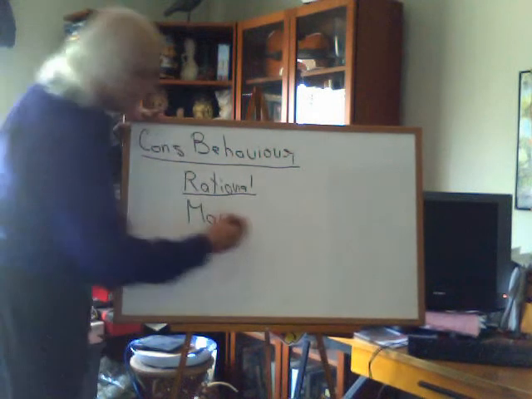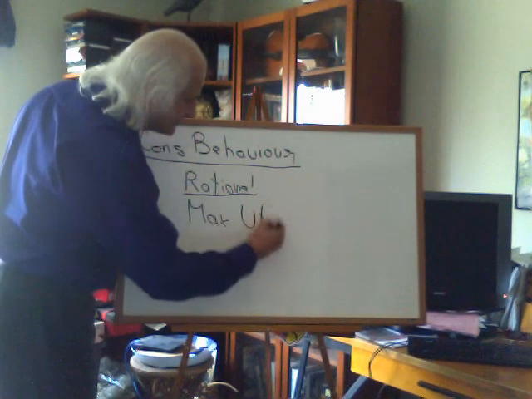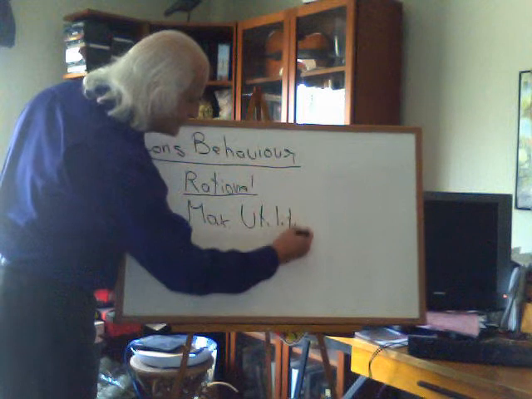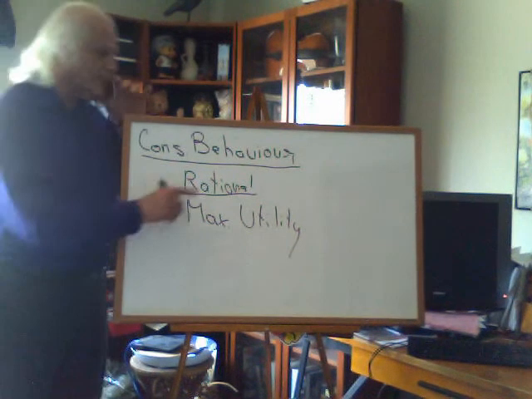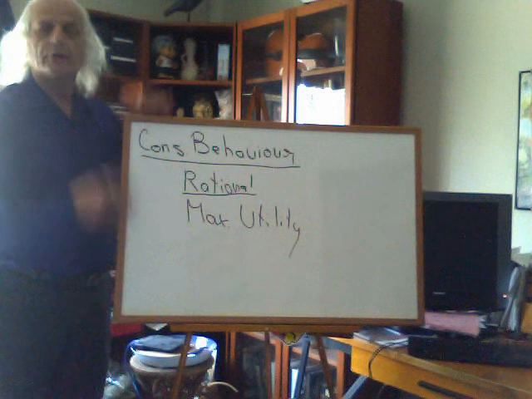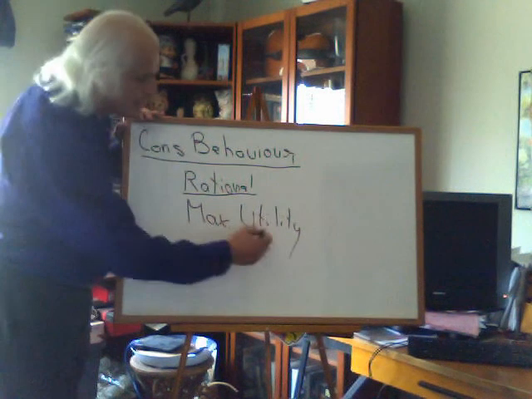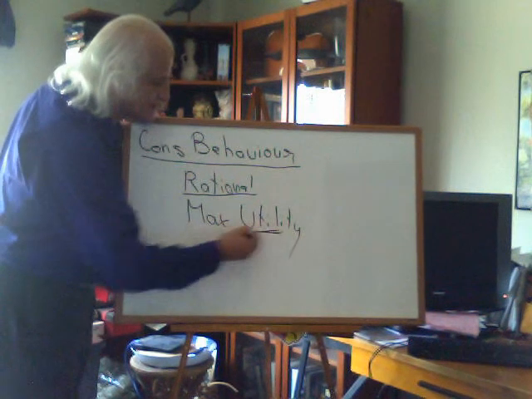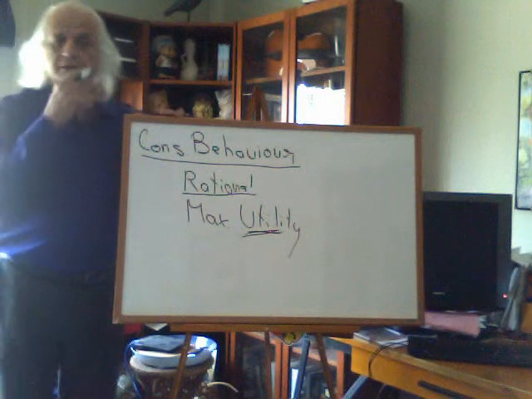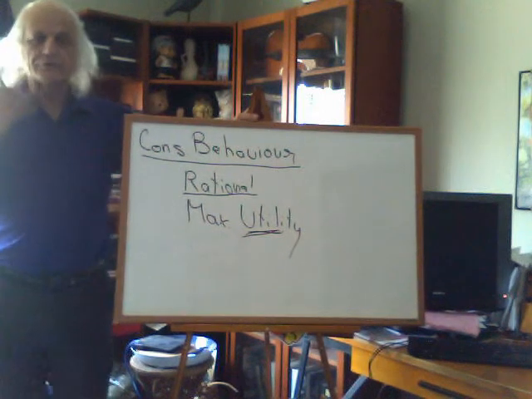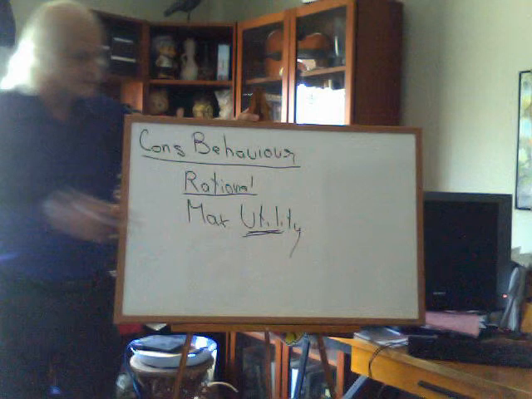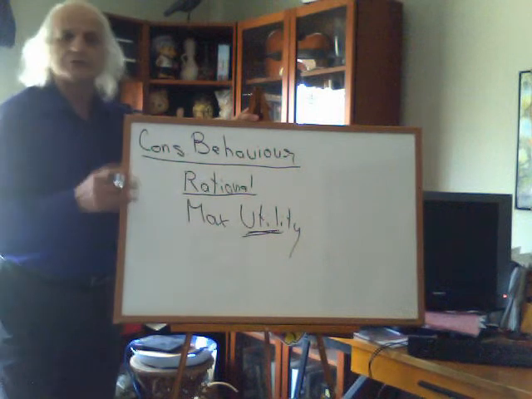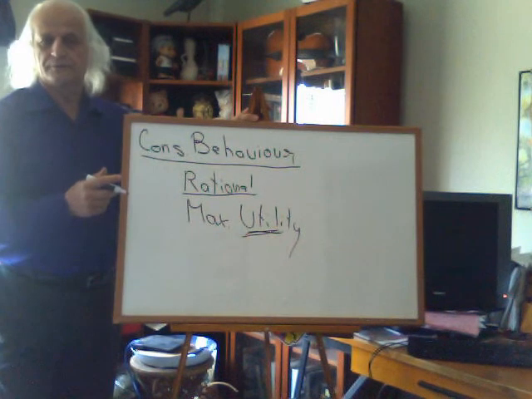So what is it that we maximize as consumers? We maximize our utility. Furthermore, how do we measure our utility, our satisfaction? We measure it in terms of utils. So we create the fiction that there is such a unit called utils, which measures our satisfaction.